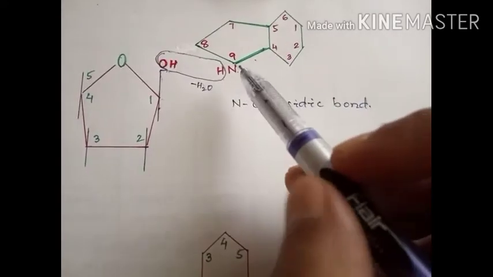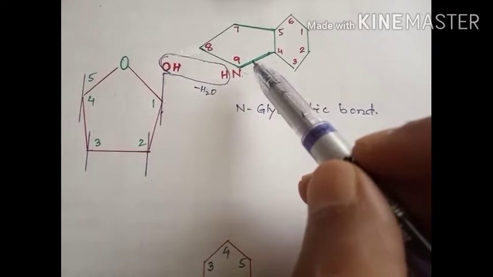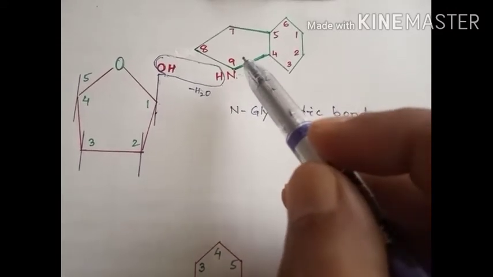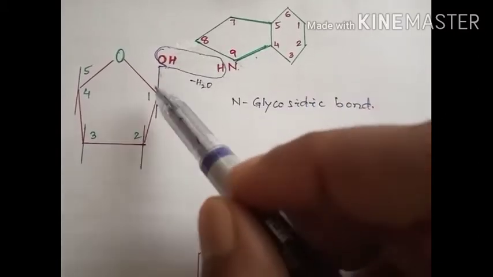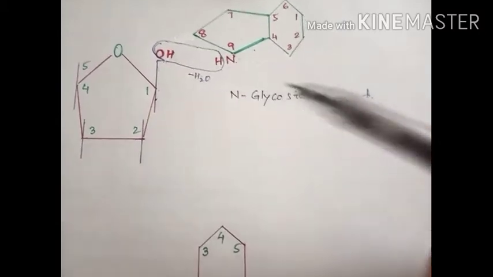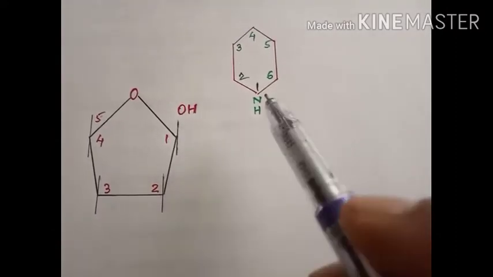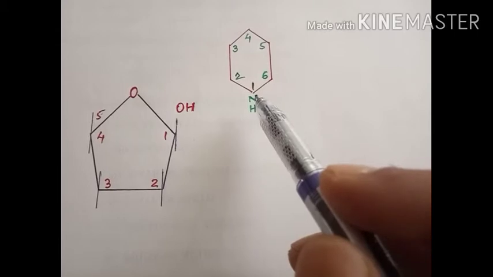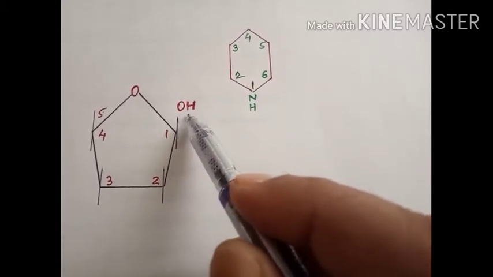So this is the case for purine. For the case of purine, the nitrogenous base combines at the position 9' to the 1' position of the pentose sugar. But in the case of a pyrimidine ring, the position of 1' nitrogen gets combined to the position of the pentose sugar.